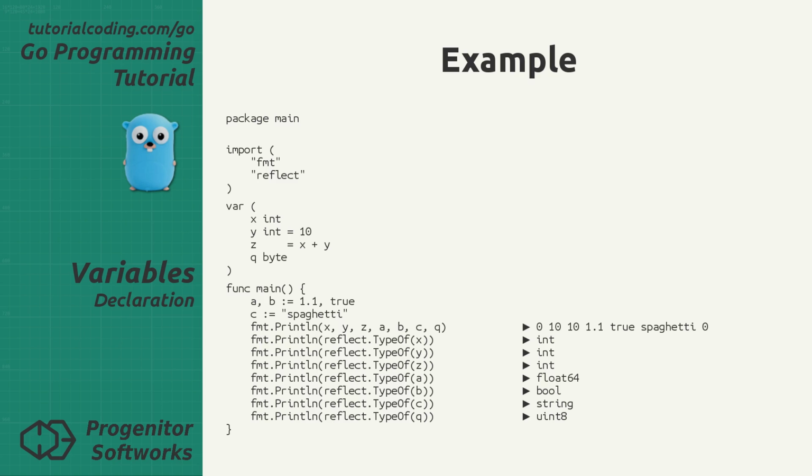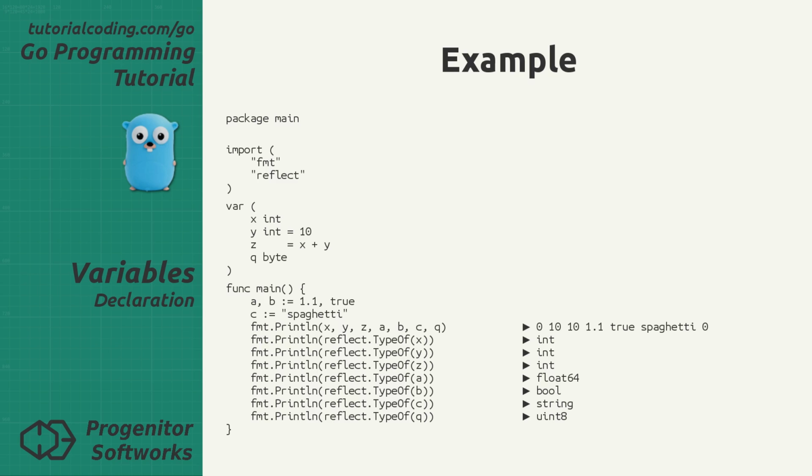Q is simply declared as a byte type and initialized to the default value of 0. The main function starts with implicitly declaring and initializing the a and b variables using the := operator. Again, the type is derived from the values that are used for initialization.